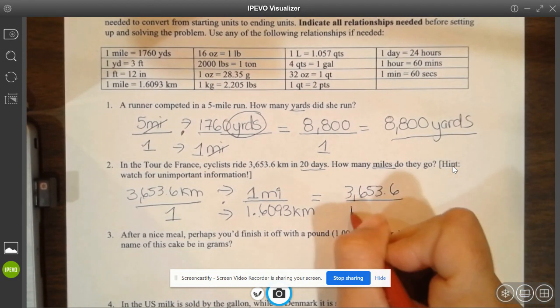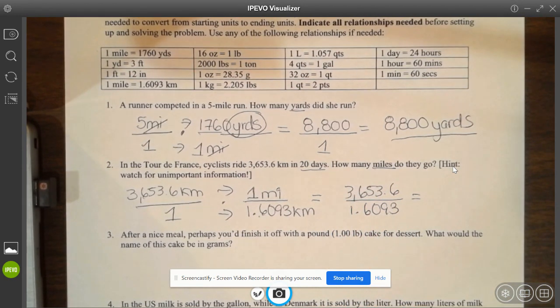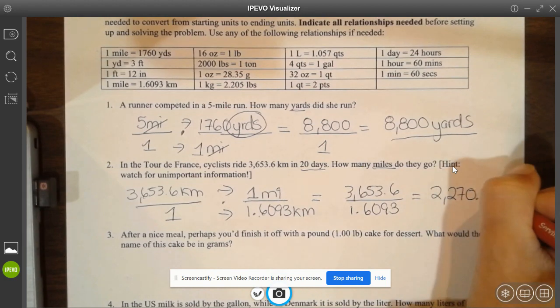That's 3,653.6 divided by 1.6093, and that is 2,270.30.